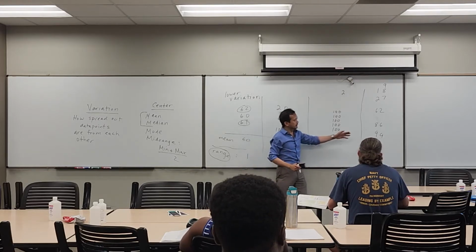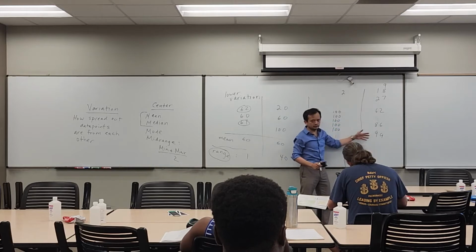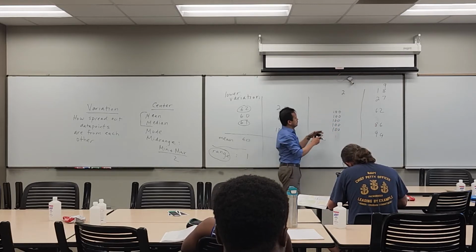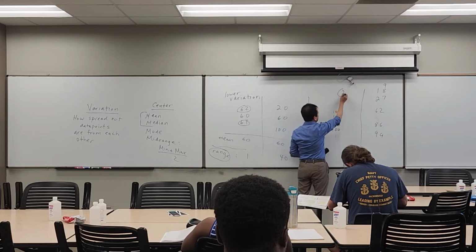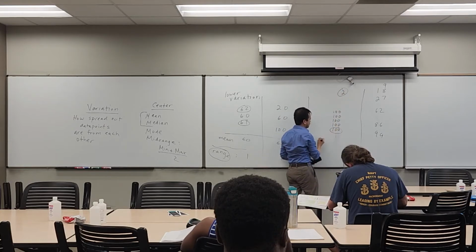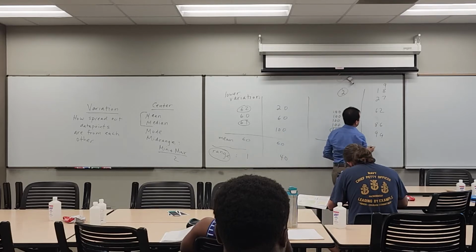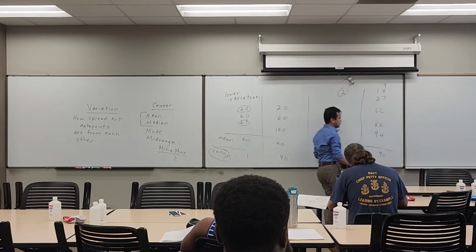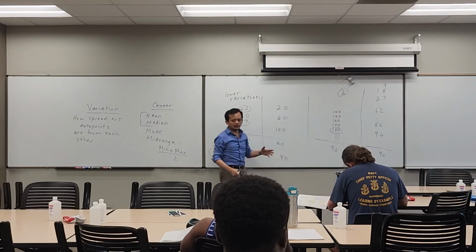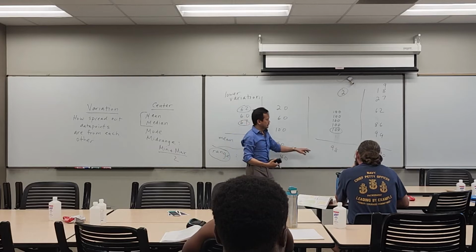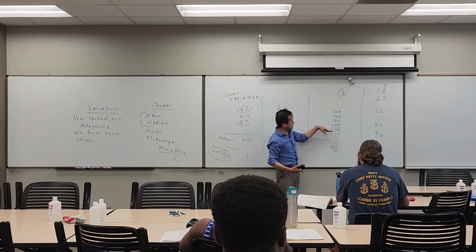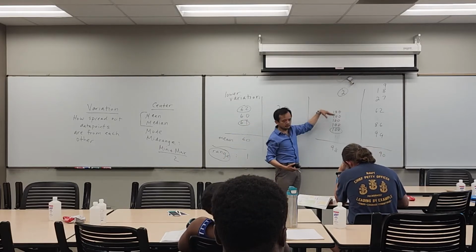The other one on the right, as a whole, you have more variation. Even though if you try to measure that with a range and look only at the minimum and the maximum, the range on the left is going to be 98, but the range on the right is only going to be 90. So if you try to use the range to decide which one has higher variation, you're going to be misled, because the range only looks at the min and max and nothing in between.